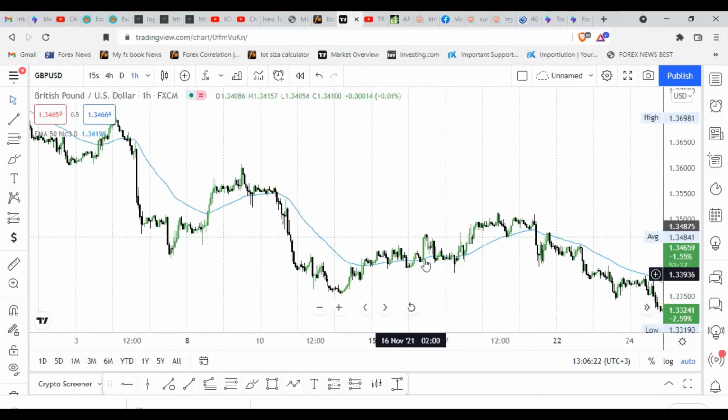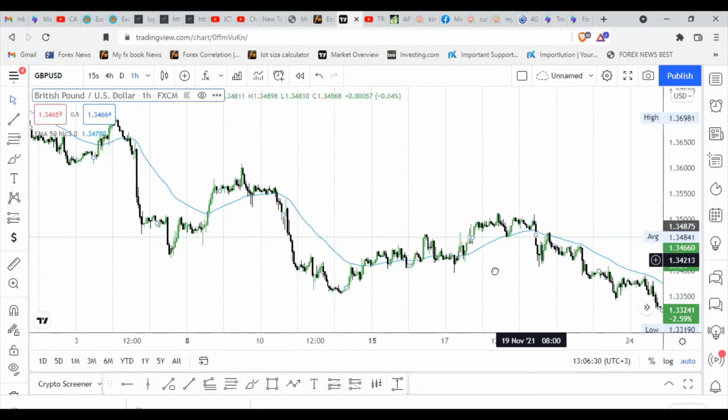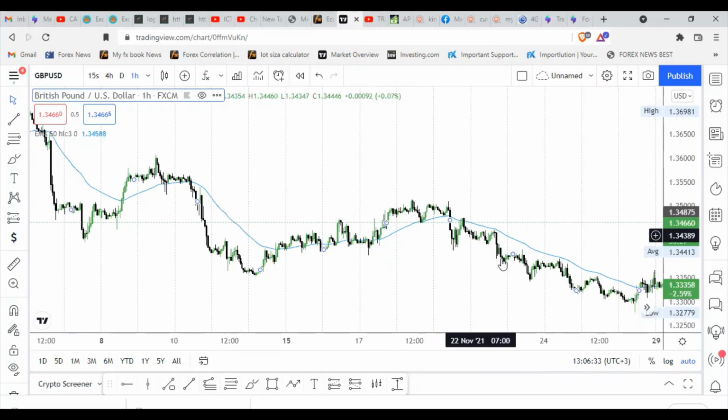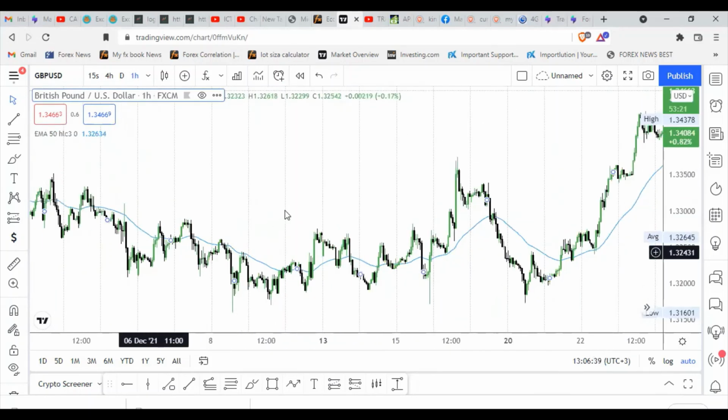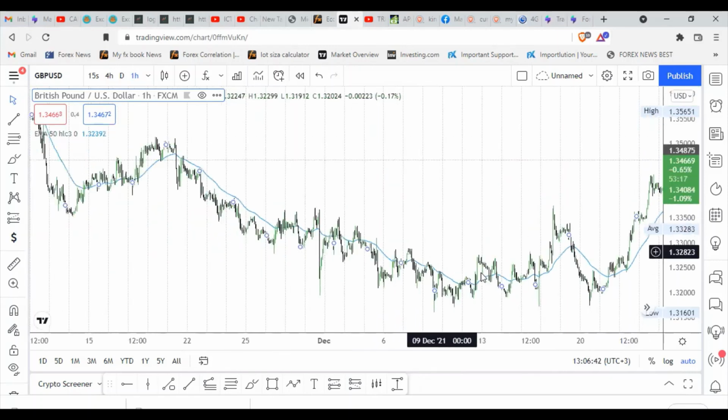This is when it broke it and it acted as support. Whenever it is broken, we have a sharp move, then it acts again to test, like that. So you can use these moving averages as support and resistance.